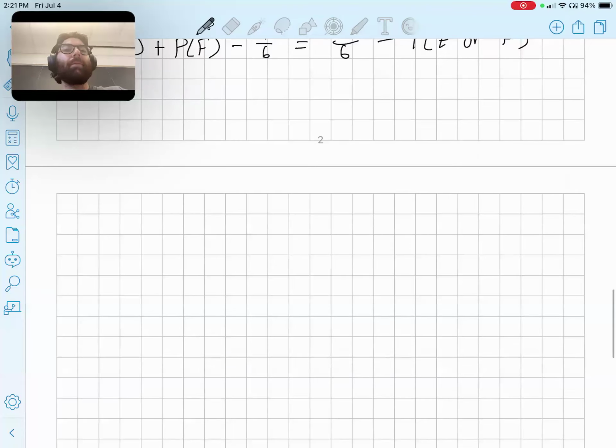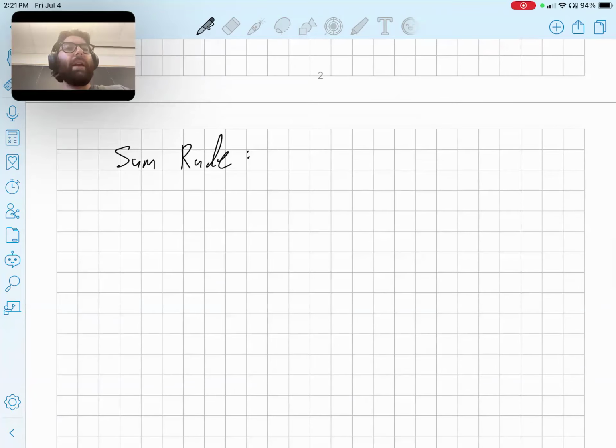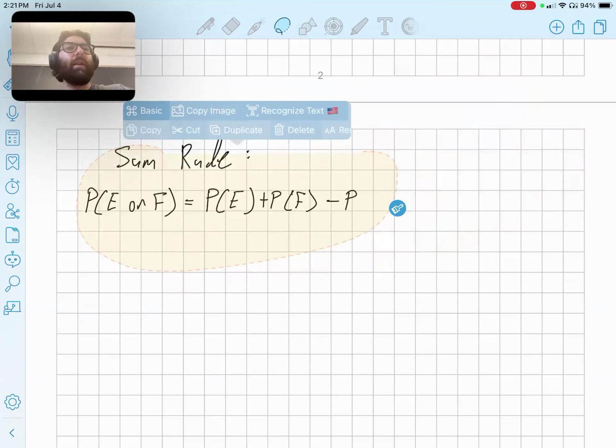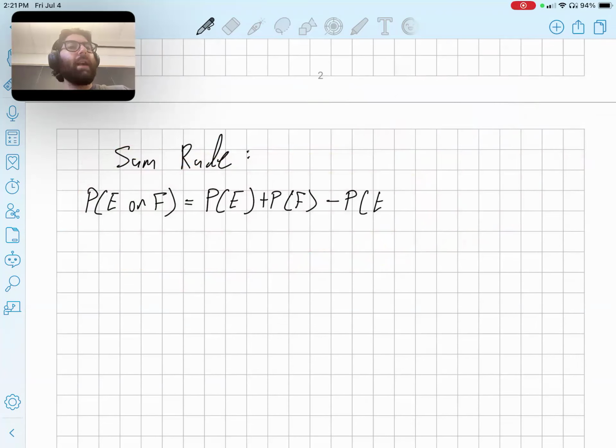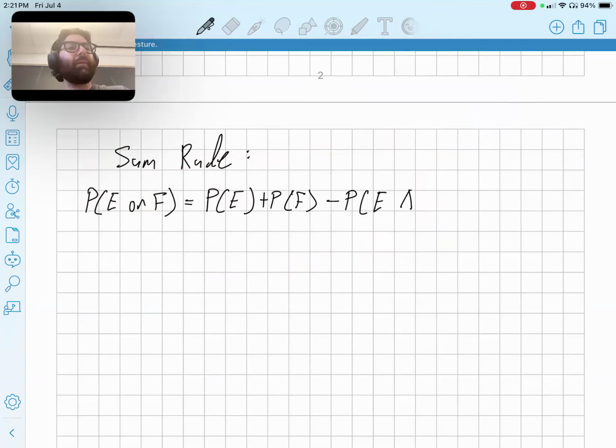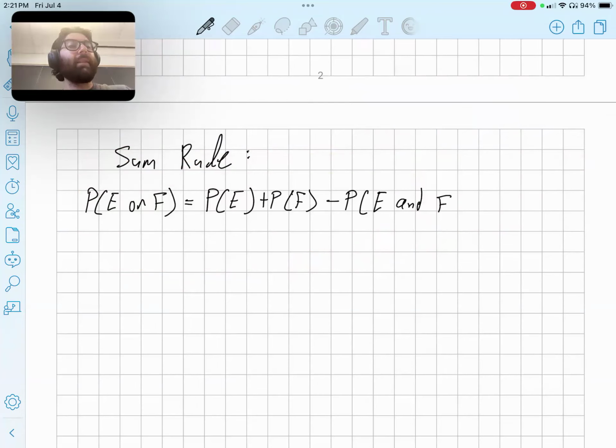And so our sum rule is this. The probability of E or F is equal to the probability of E plus the probability of F minus the probability of E and F.